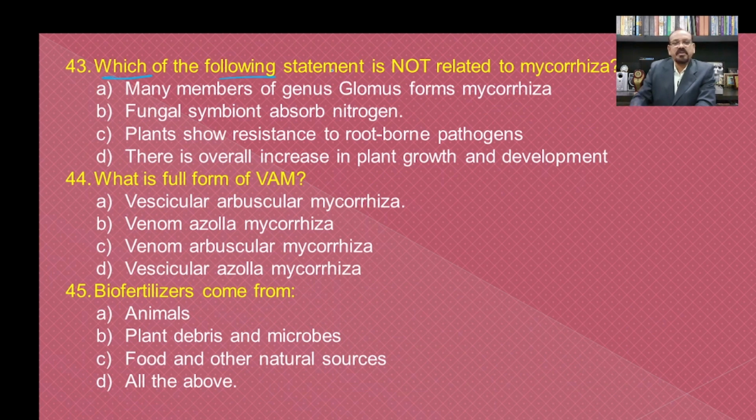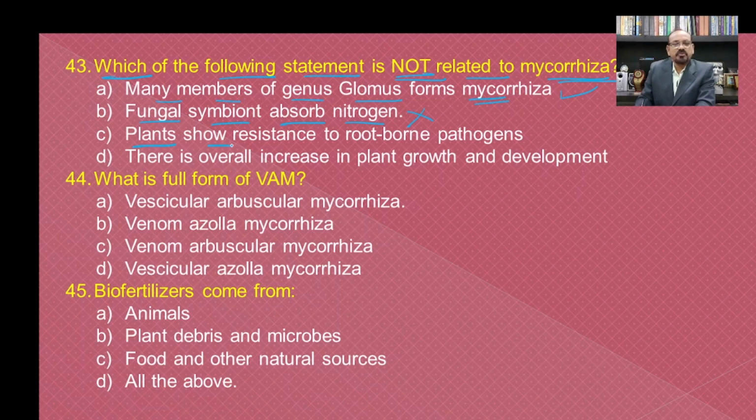Then, which of the following statements is not related to mycorrhiza? Many members of the genus Glomus form mycorrhiza. This is correct. Then fungal symbiont absorbs nitrogen. This is wrong. It absorbs minerals.